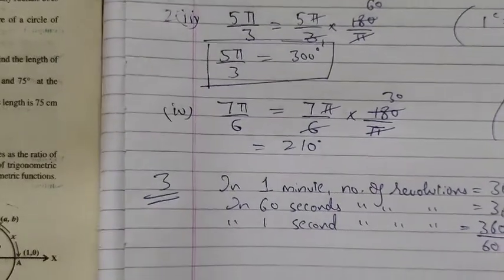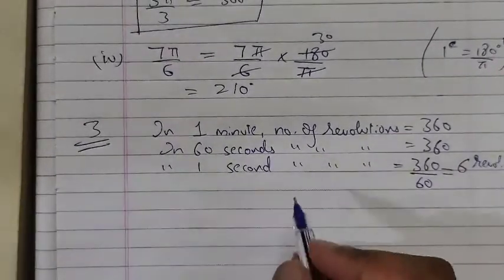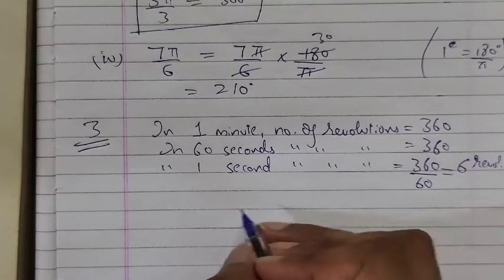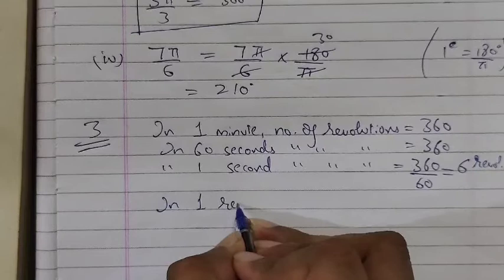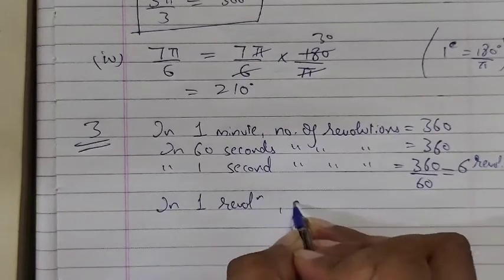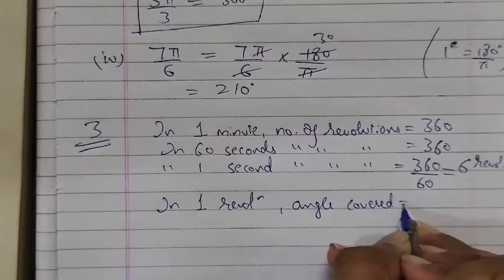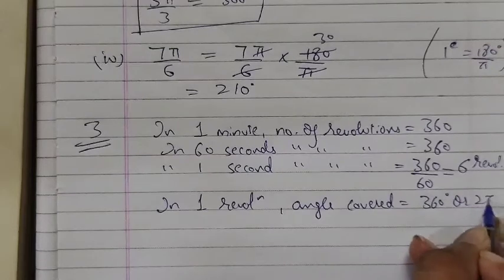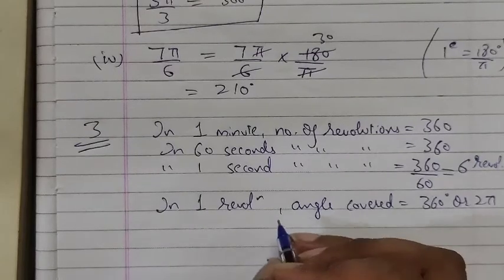So in one complete revolution, the angle covered is equal to 360 degrees, or we can say 2 pi, because in 180 degrees we have pi radian. So in 360 degrees we have 2 pi radian.